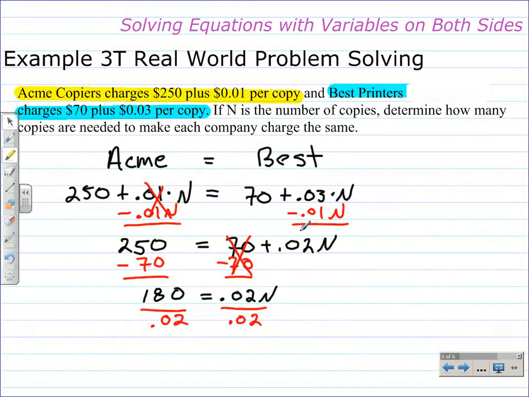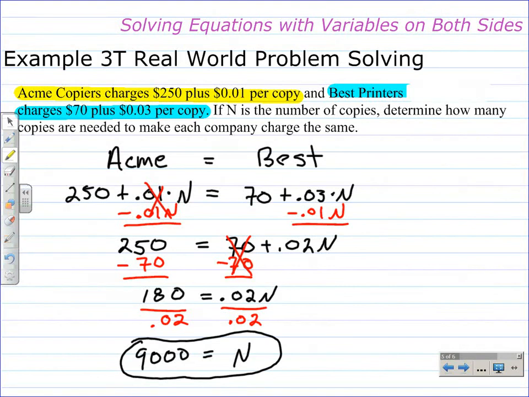And when we do that, that leaves us with the variable on the right by itself. And 180 divided by 0.02 is 9,000. So what this solution means is that the companies are going to charge the same amount when 9,000 copies are ordered.